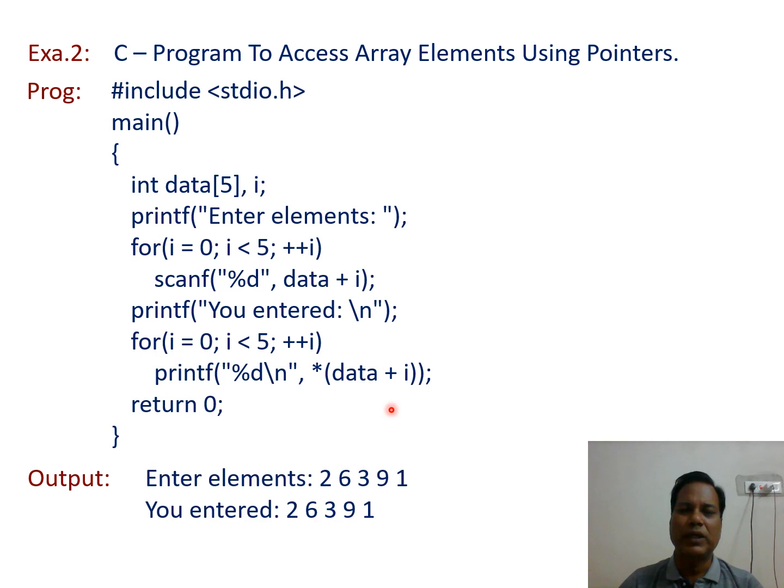So when we run the program, we get the output like this one. Enter elements. So the user enters 2, 6, 3, 9, 1 and then it prints the entered data, that is you entered 2, 6, 3, 9, 1.